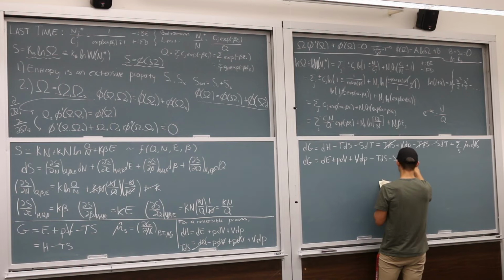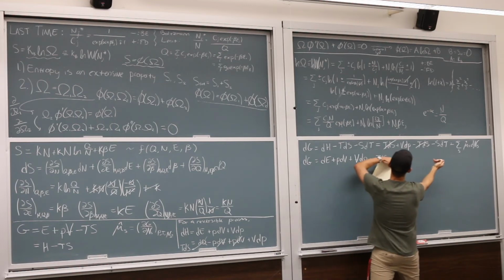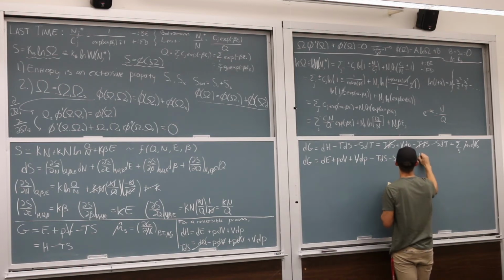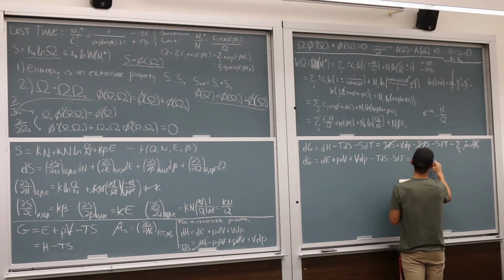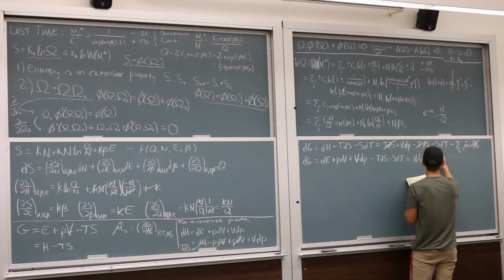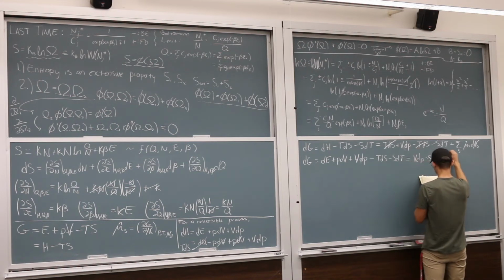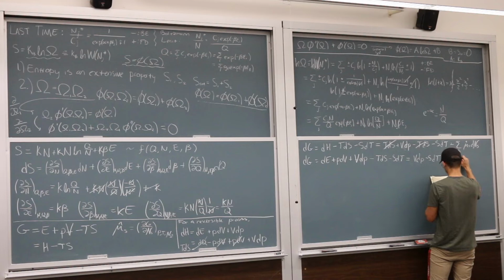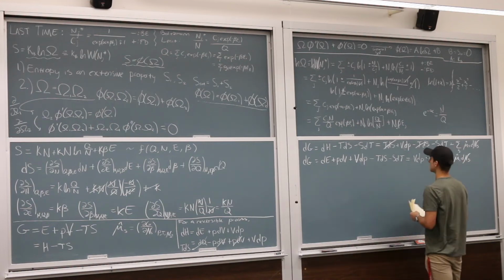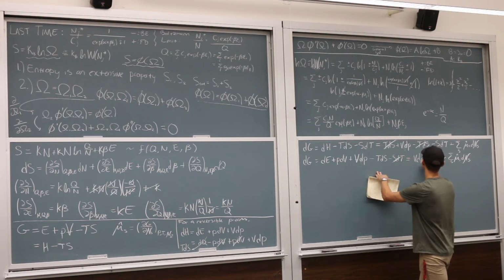Then we're going to equate that to what we have here. So we have V dP, we know these are equal. V dP minus S dT plus the sum over s of mu_s dN_s. Okay, and so we can see that these guys are going to cancel.